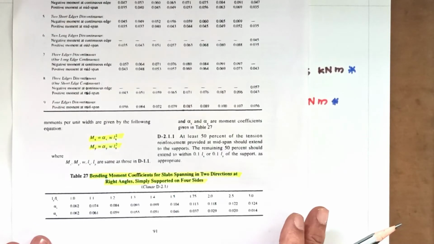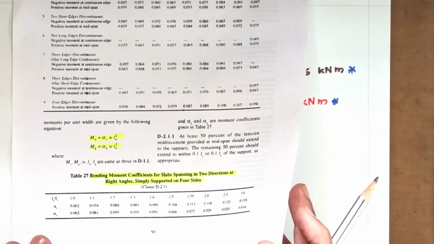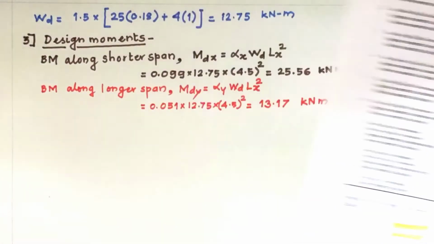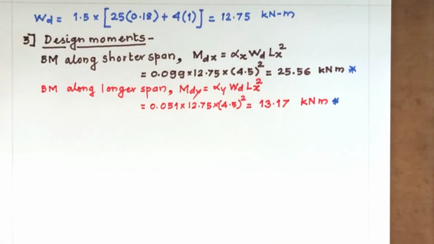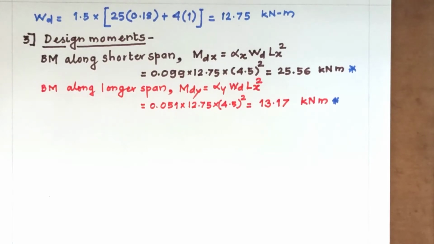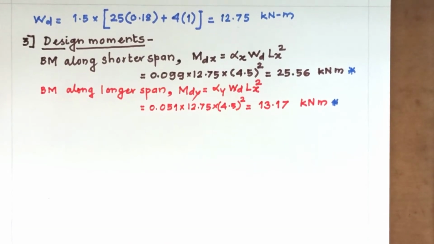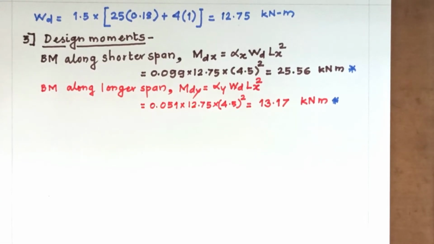Okay. So this is as per page number 91 of IS 456, that is BM coefficient from table number 27. So you are given the table and you have to calculate alpha x, alpha y, and then by interpolation you will calculate it if the value is intermediate. Or you can also calculate alpha x and alpha y by the formulae.